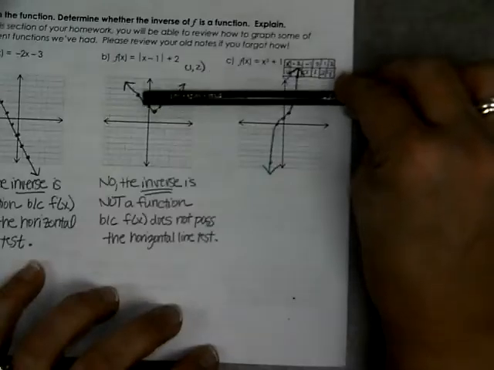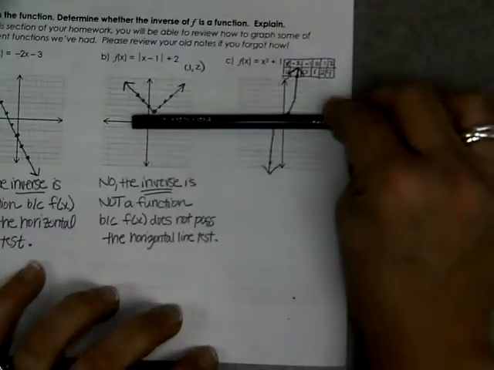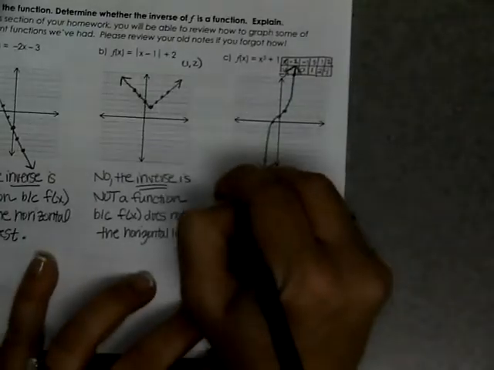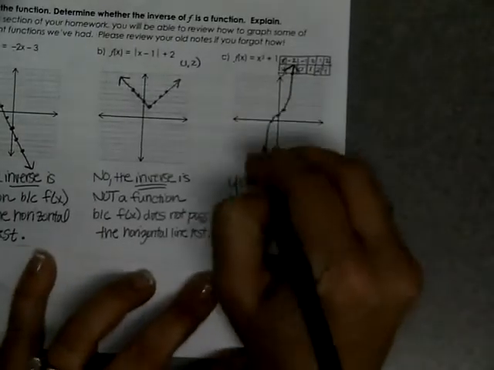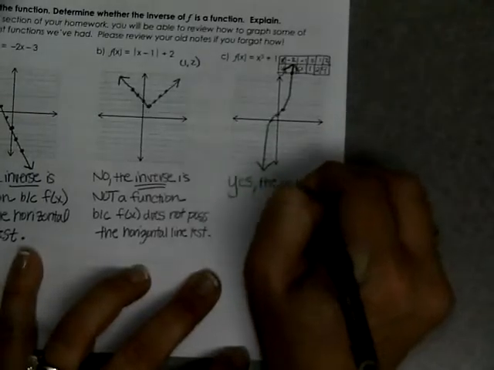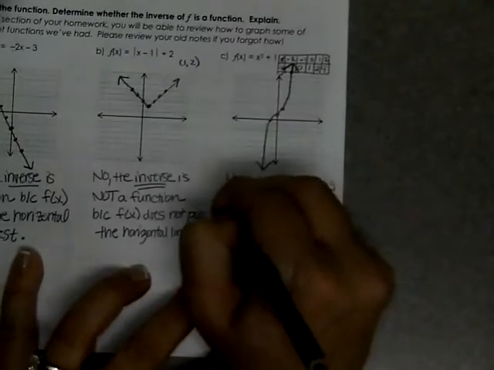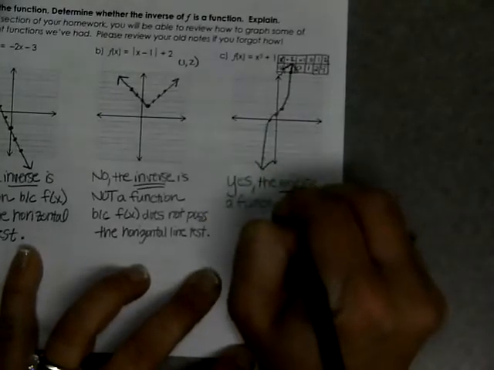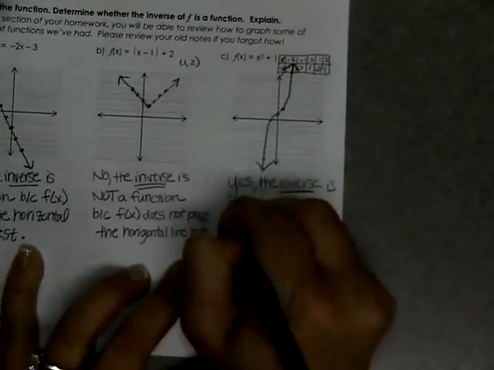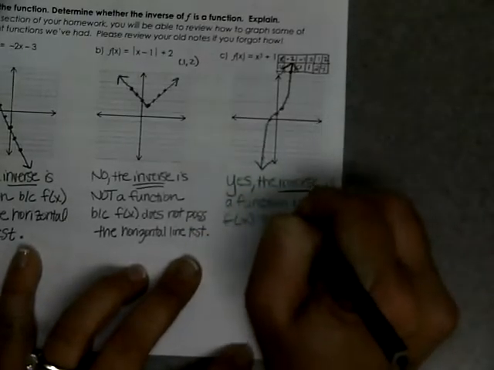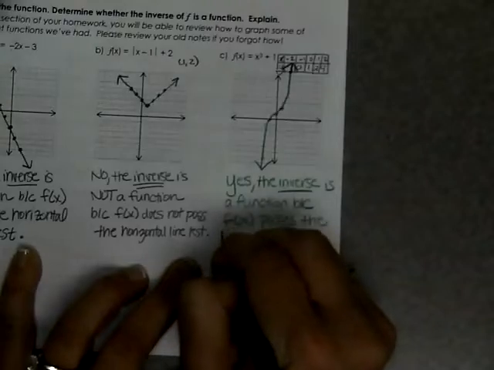And if I use the horizontal line test, I can see it looks good. It looks like it only passes once each time. So I can say, yes, that the inverse is a function because f of x passes the horizontal line test.